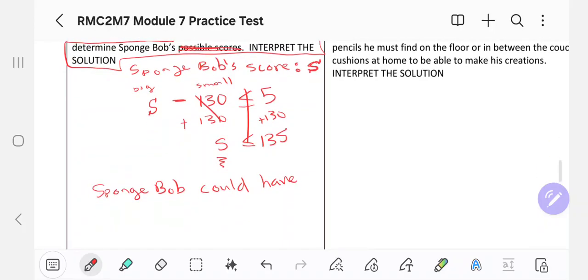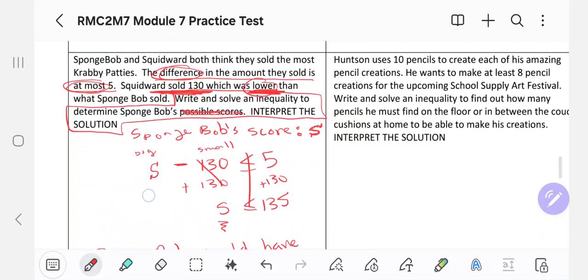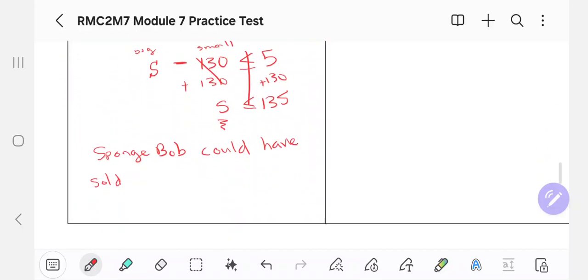But we can stick with it. So he could have sold, what's the phrase that we used? At most 135 Krabby Patties.